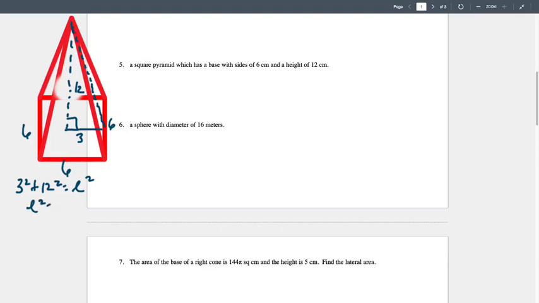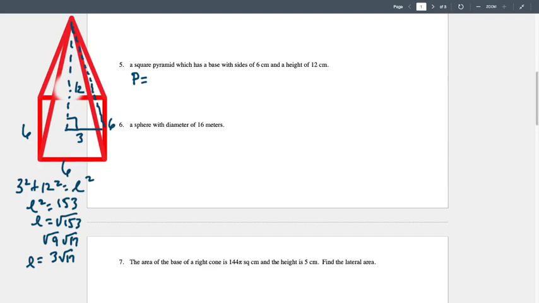So L squared equals 153. So then you're going to take the square root of that. And that simplifies, that's the same thing as the square root of 9 times the square root of 17, which is going to be 3 square root of 17. So that's your lateral height. All right, so on our formula, what we're going to need is a capital P.